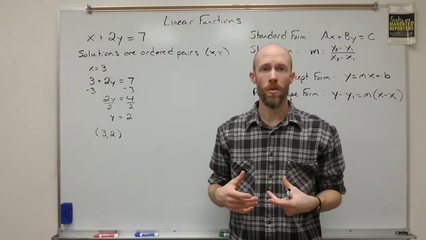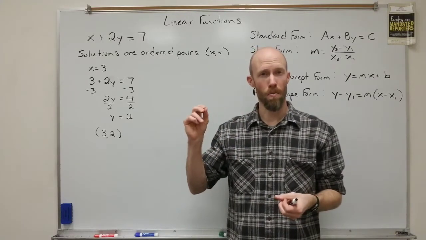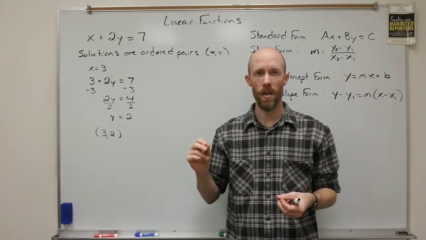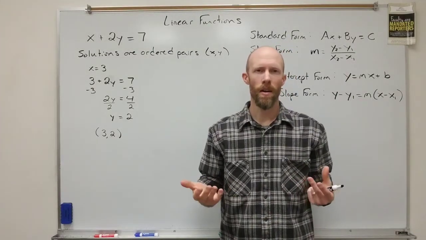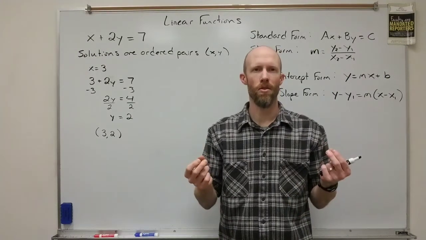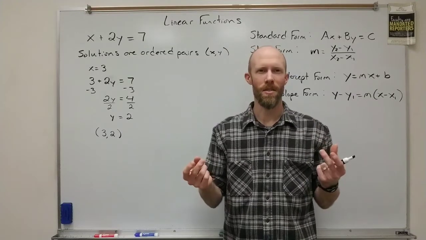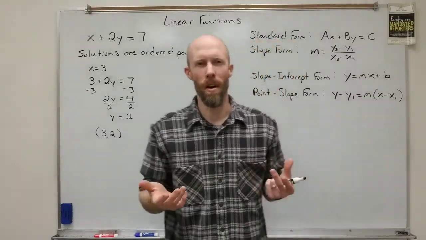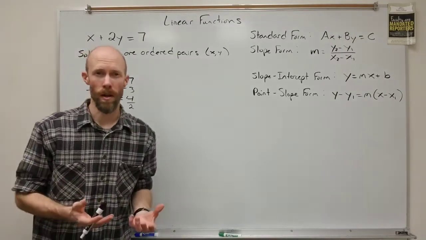If you're doing this in an application where the variables represent something specific, you might change the letters. For example, the Fahrenheit to Celsius conversion is a linear function where you use f and c as the two variables. So the variables are arbitrary, and we're just going to use x and y for our purposes.